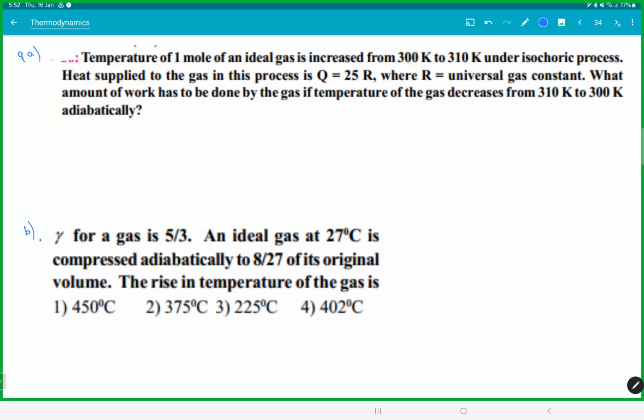Think, I'll give you a minute. The second one is a straightforward formula substitution, right, Ishana?